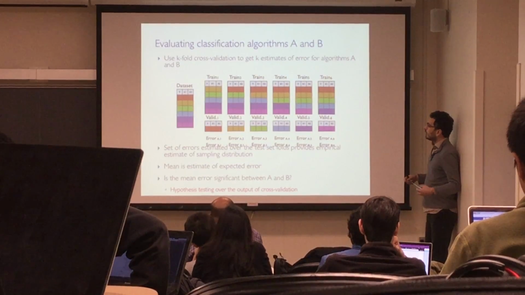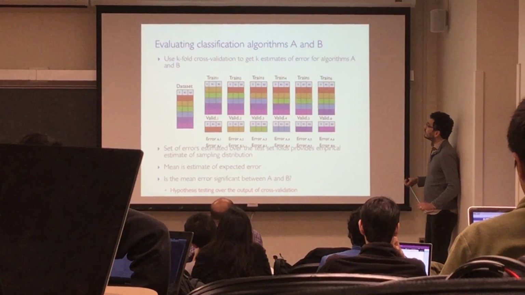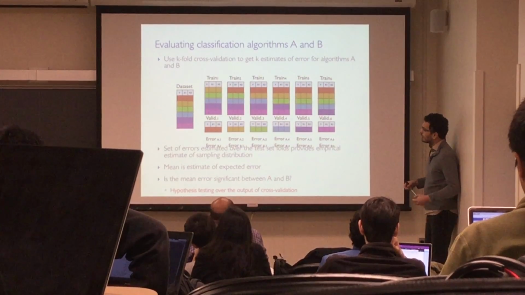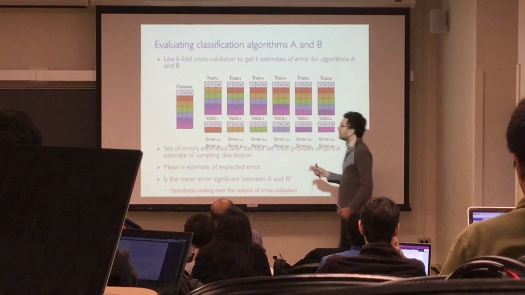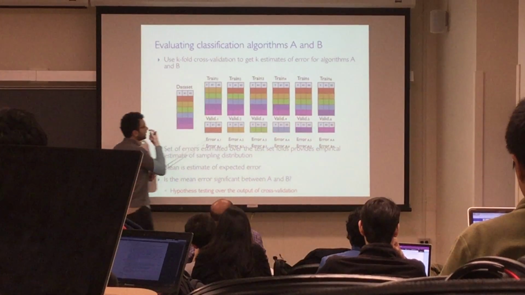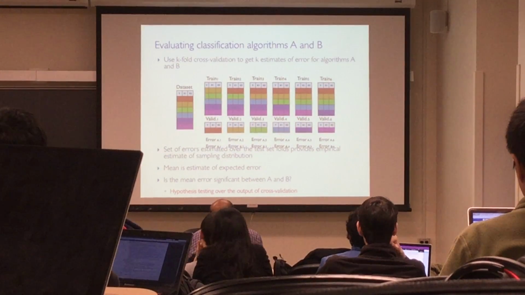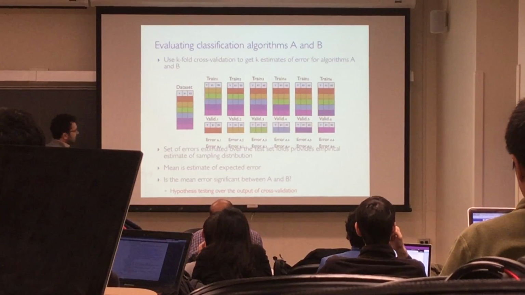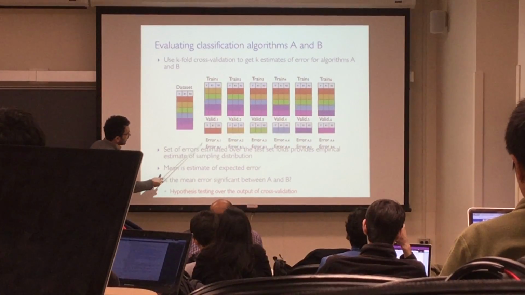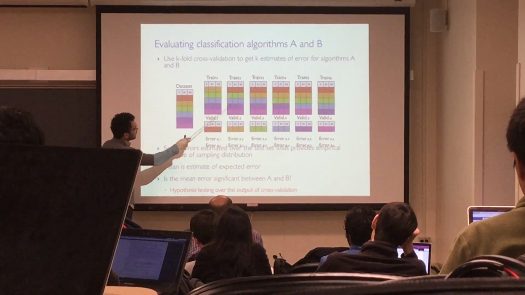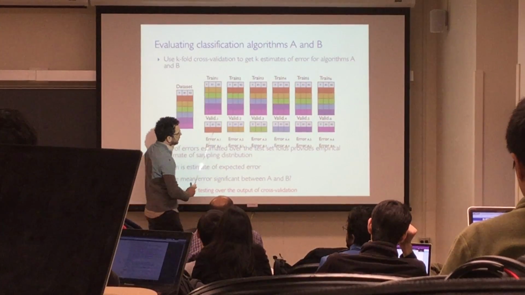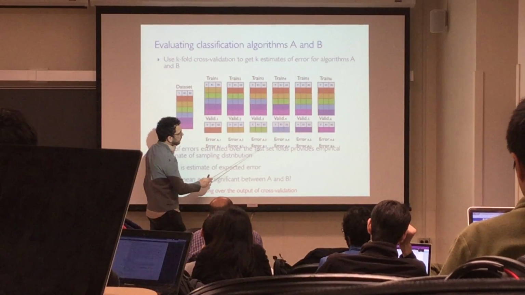Another thing: when you have two algorithms and you want to test whether A is better than B, with k-fold you can use a paired test, because you do the training and then the validation, and you get errors for each of the algorithms and each of the folds.